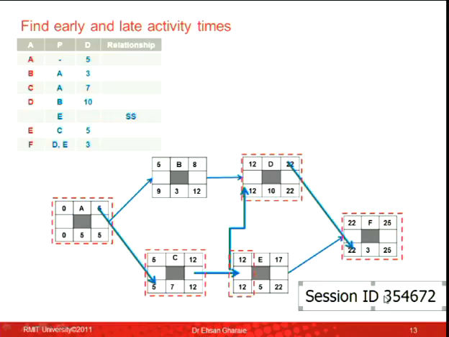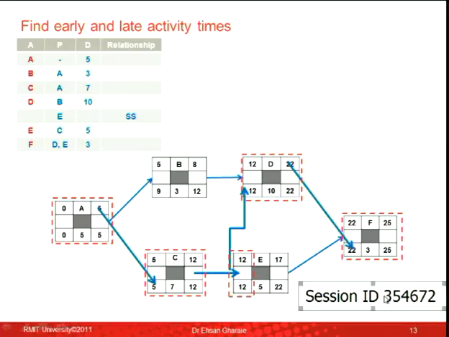What about its finish? So the early finish is day 17, the late finish is day 22. Does it have to finish on day 17? No. It can finish on day 18, 19, 20, 21, 22. So activity E has no flexibility at the beginning, but it has flexibility at the finish point.